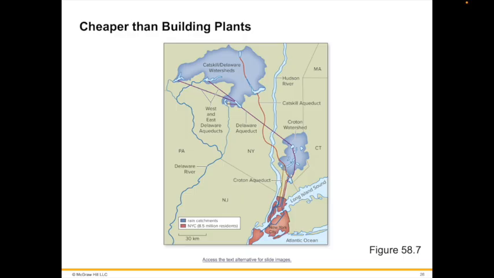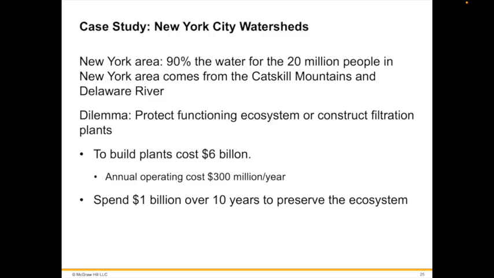Economic analysts made the choice clear. Building the plants would cost $6 billion, with annual operating costs of $300 million, whereas spending $1 billion over 10 years could preserve the ecosystem and maintain water purity. The decision was easy.